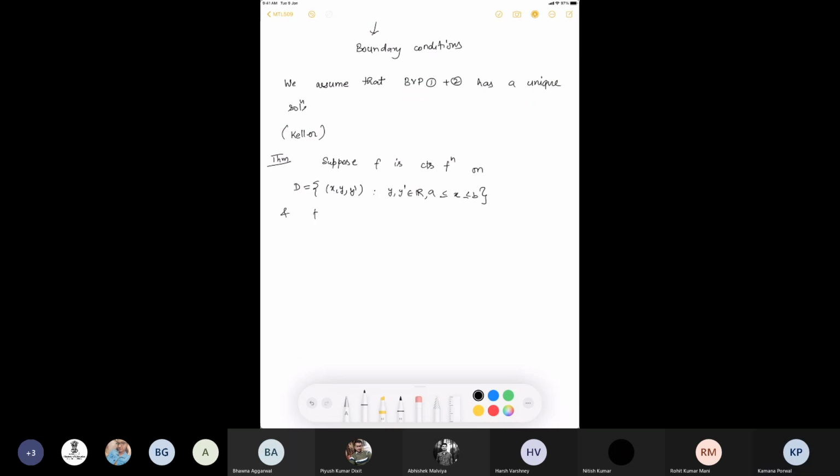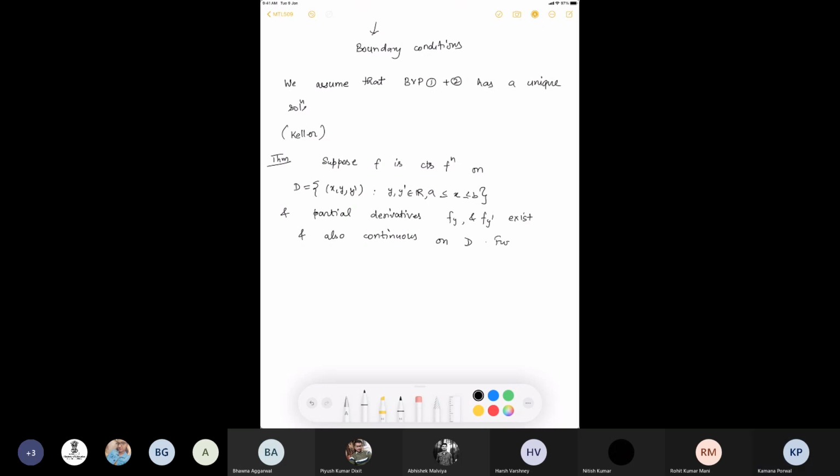And the partial derivatives f_y and f_y prime exist and are continuous on D.